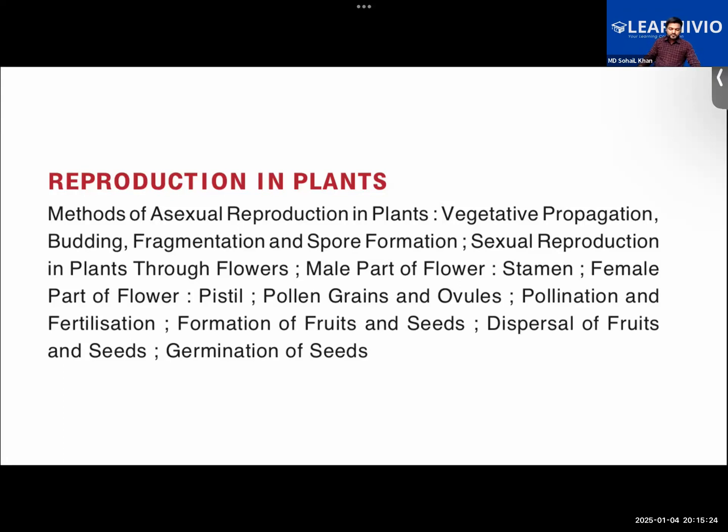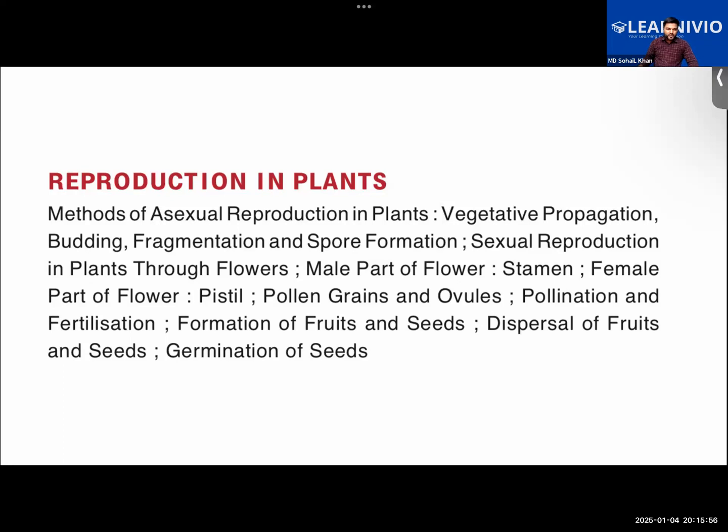Vegetative propagation means it is done by stems, roots, and leaves. The stems, the roots, the leaves: what do we call these parts? Are these the reproductive parts or the vegetative parts? They are vegetative parts.